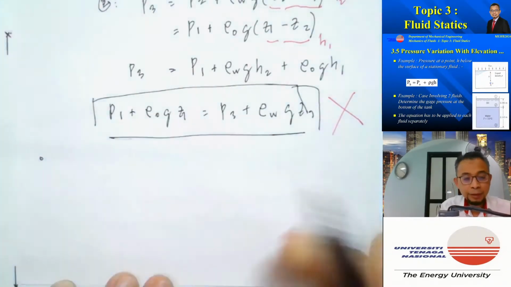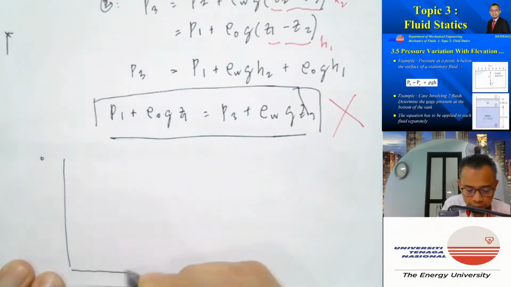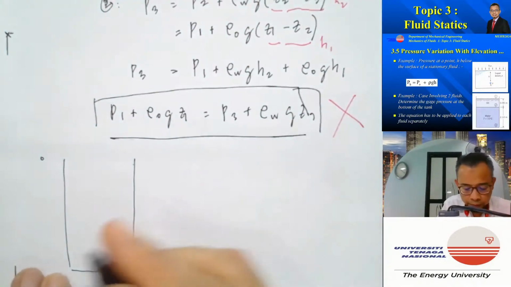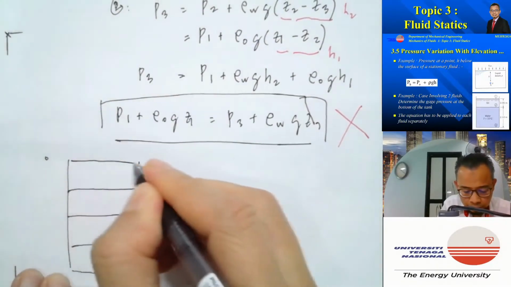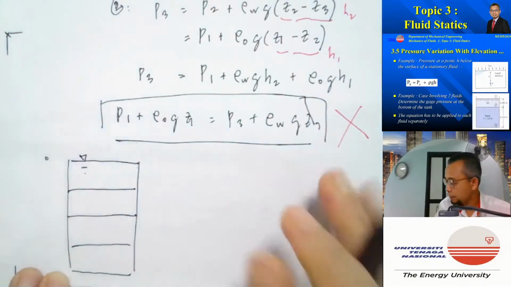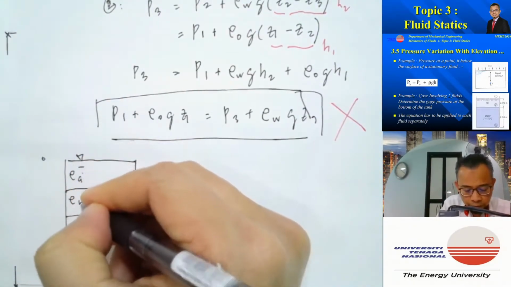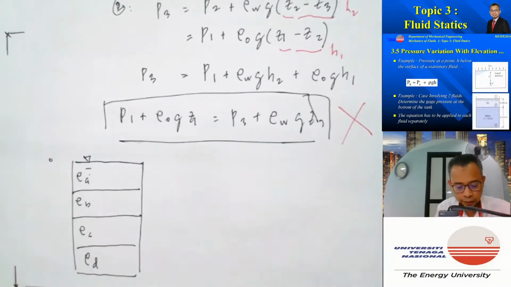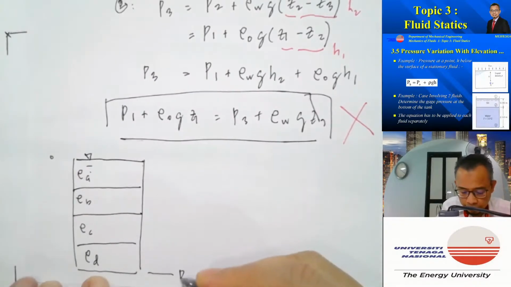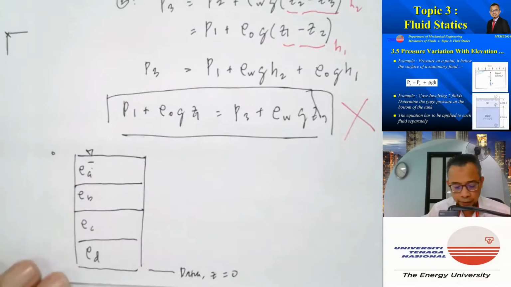So now if I generalize, let's say we have 4 fluids on top of each other. This is the surface, and let's say the densities are rho A, rho B, rho C, and rho D. Then this is the datum where Z is equal to 0.